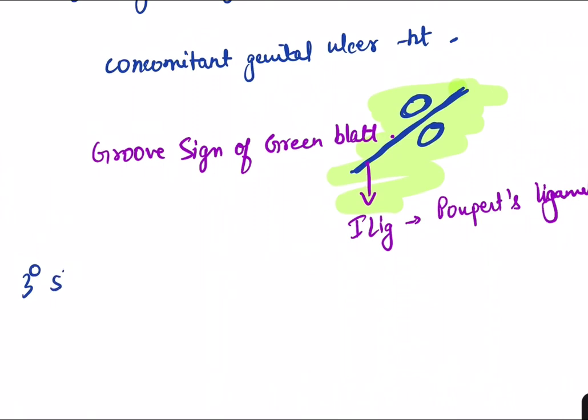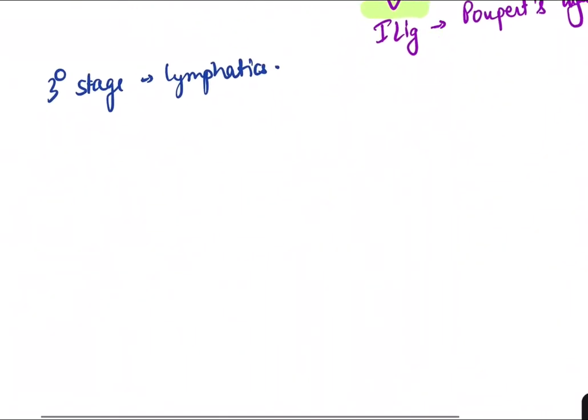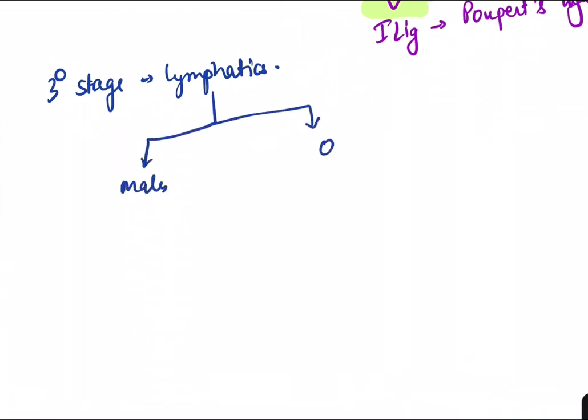And in the tertiary stage, it involves the lymphatics. That's why its name is lymphogranuloma, because it involves the lymphatics. If it involves the male's lymphatics, there is saxophone penis. If we see a saxophone penis, it is caused by LGV.